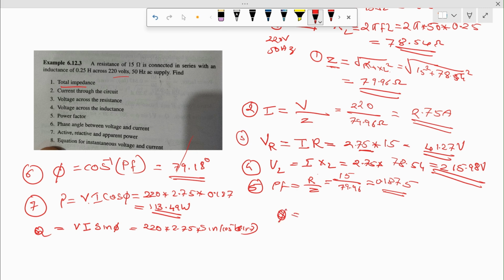Phi is equal to cos inverse of 0.1875, and sine of that will give our reactive power Q. You understand the concept now. What is the value of reactive power Q then?